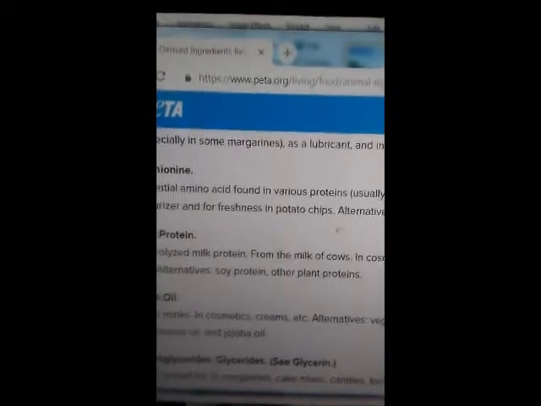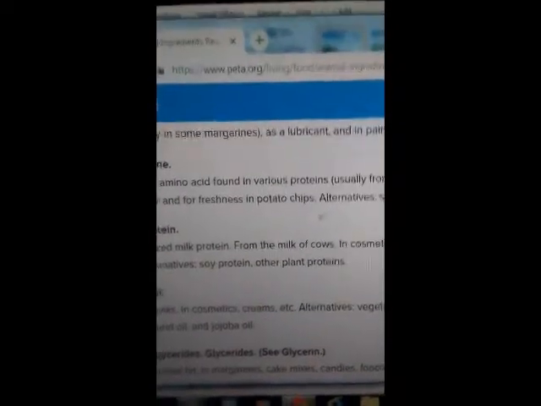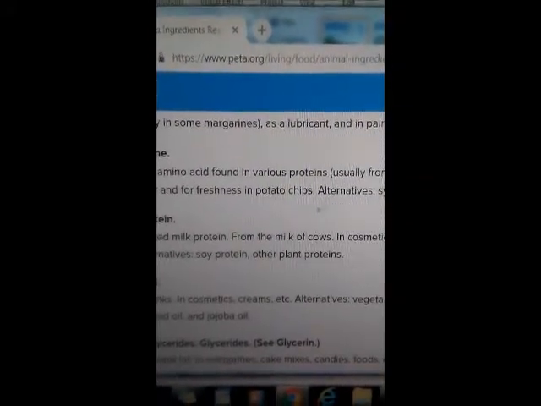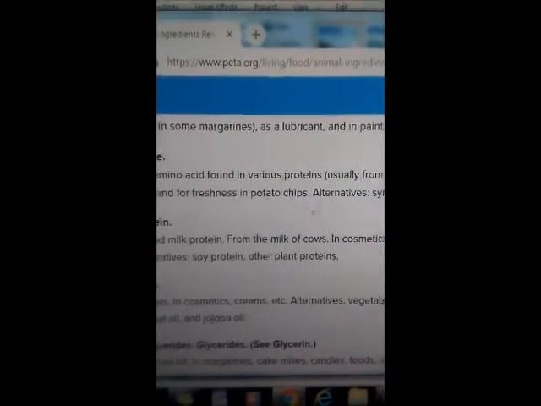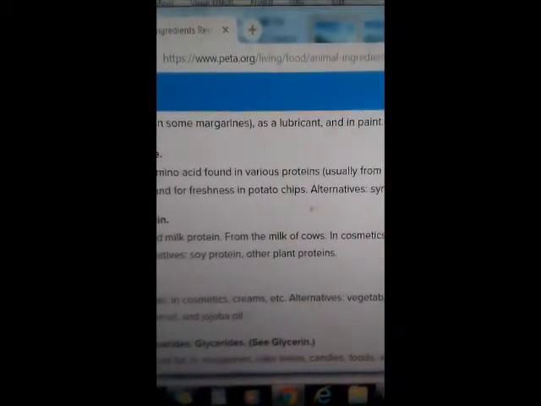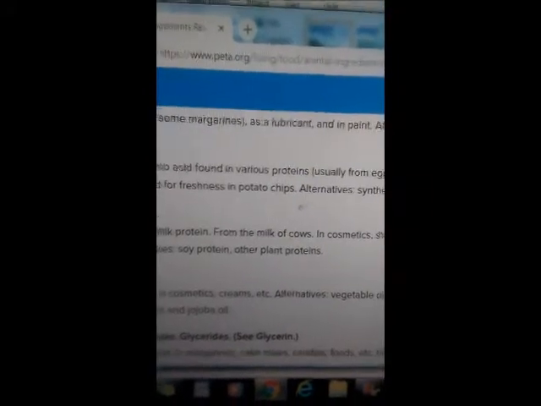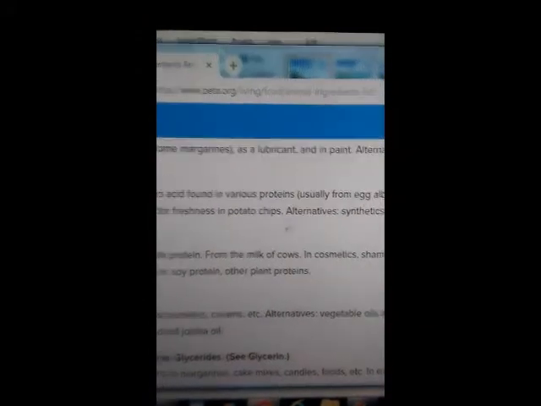I know that may seem okay for those who don't care about what they eat, but there are those who probably want potato chips without eggs and animal products on it, like casein. And people have allergies to these things, even children. So these things we gotta be careful of too.